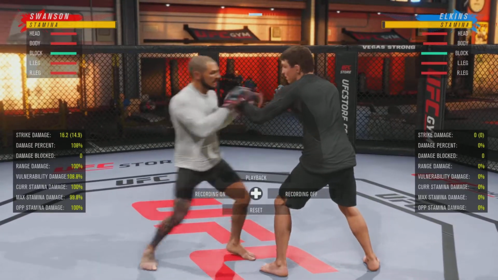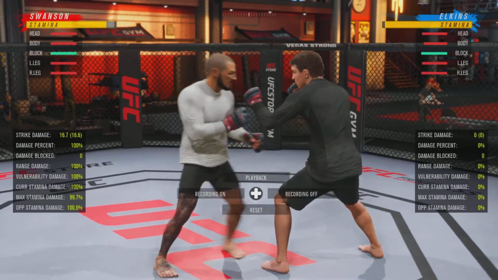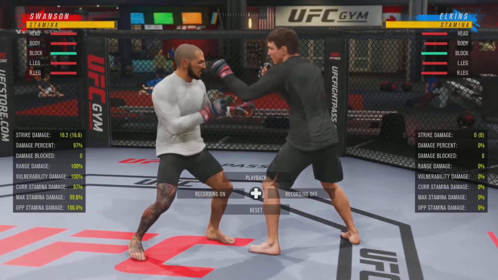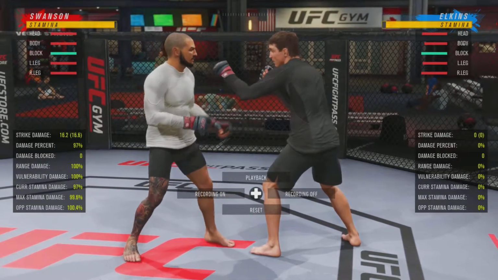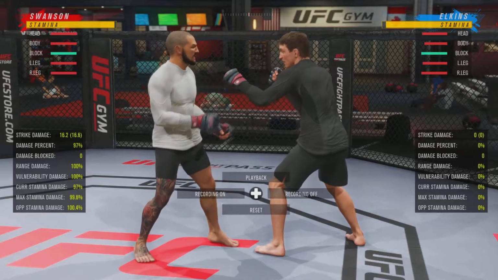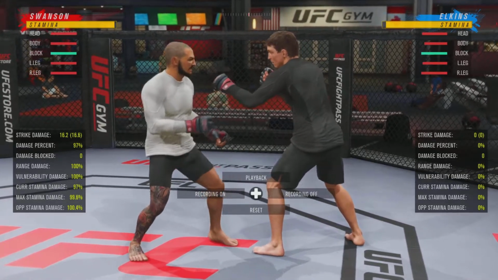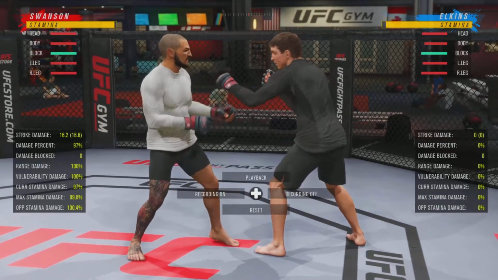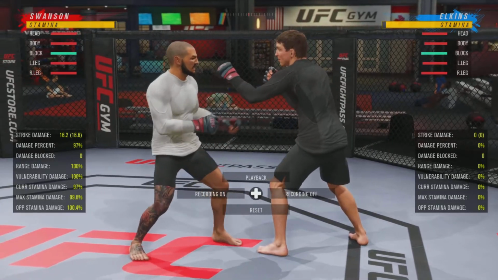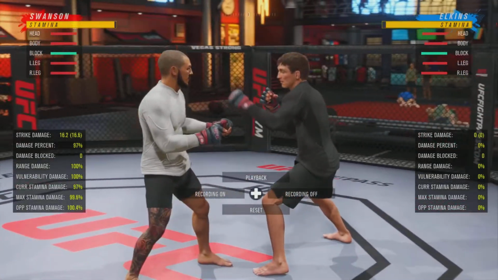So if your opponent throws a knee, or let's say I throw a knee as Cub Swanson, and Darren Elkins, my opponent, throws a hook, my knee is going to have evasion properties against a lead hook or a rear hook or anything that I will land, and Darren Elkins will never land a hook if we input it at the same exact time. So those are what evasion properties are.